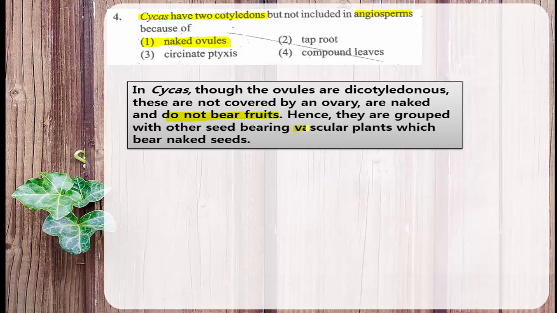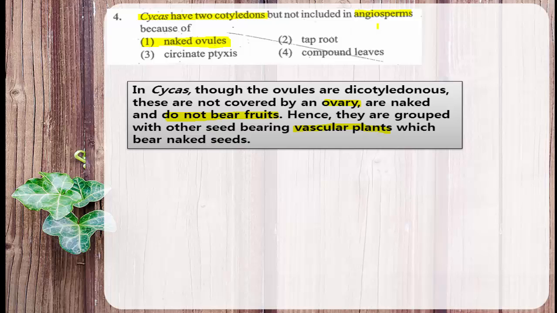They are vascular plants. They contain xylem and phloem. They produce seeds, and even though the seeds have two cotyledons, because of the naked ovule, as there is absence of the ovary, Cycas is not included in the angiosperms. So the right answer for this question is option 1.